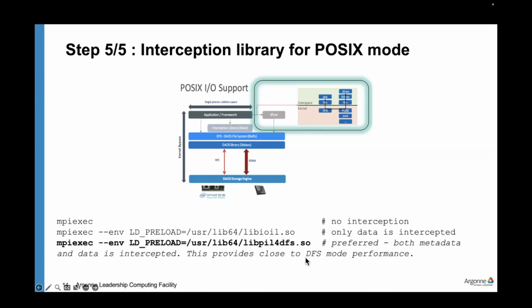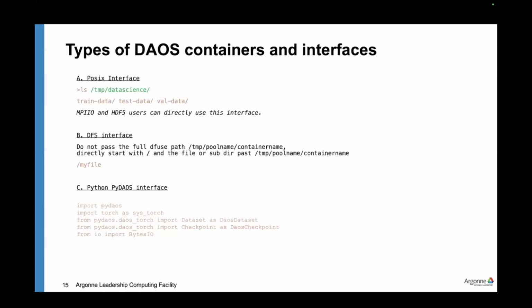So this is the last step to get started. You just have to pass this LD_PRELOAD of libpil4dfs. Previously we had this libioil where only data is intercepted, but it's no longer recommended. That's all you need to get started.